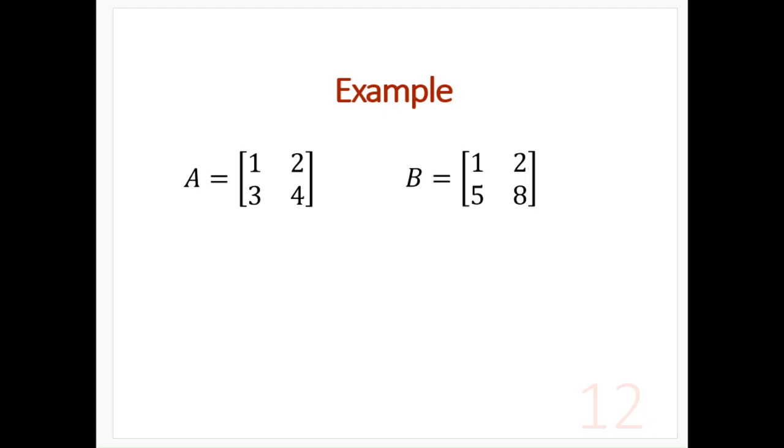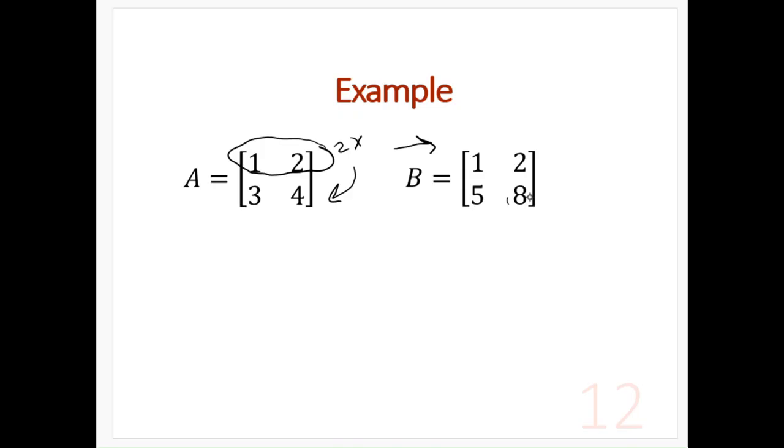So what did we do with this example? If you notice, 2 times this first row was added to the third row in order to get B, the matrix B. So 1 times 2 plus 3, that equals 5. 2 times 2 plus 4, that equals your 8.